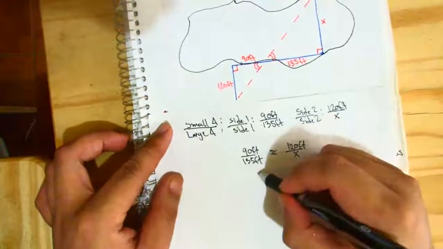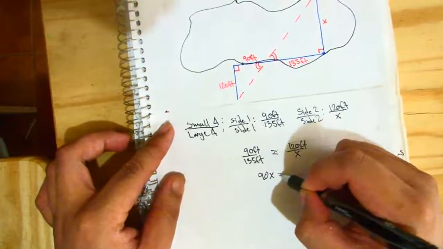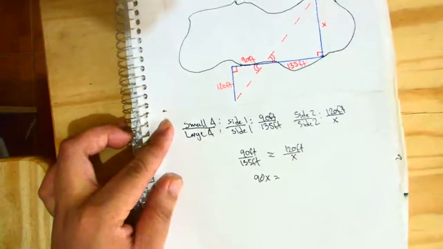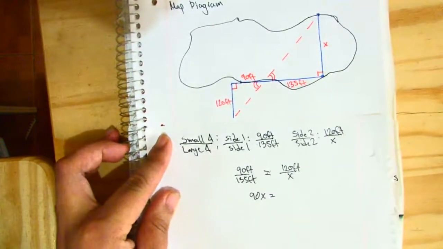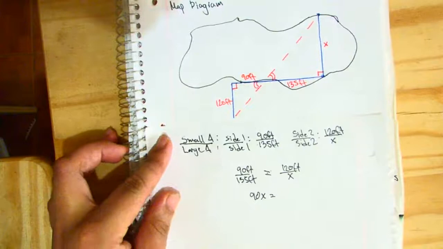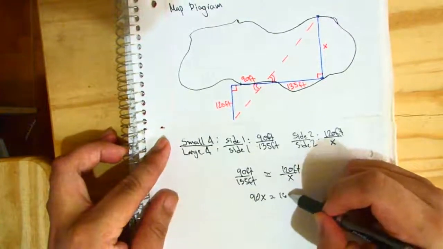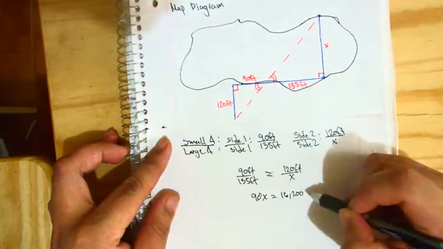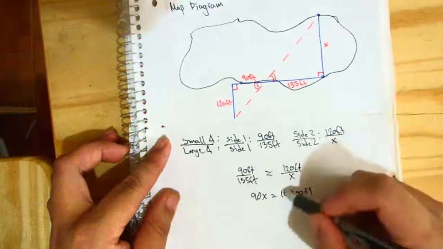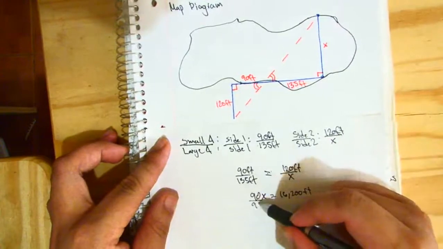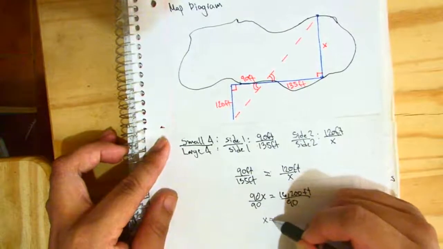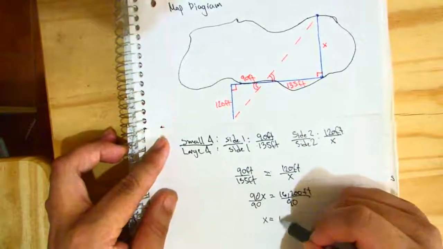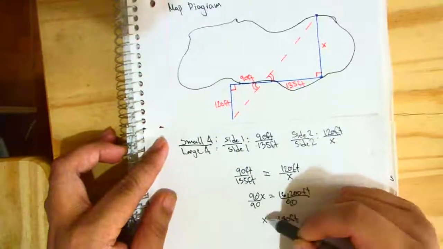When you cross multiply, it equals 90x equals 120 times 135, which is about 16,200 feet. When you divide by 90 on both sides of the equation, x equals 180 feet.